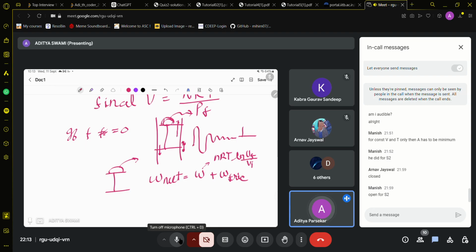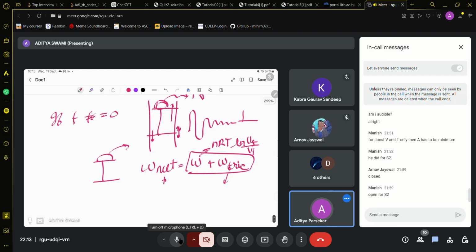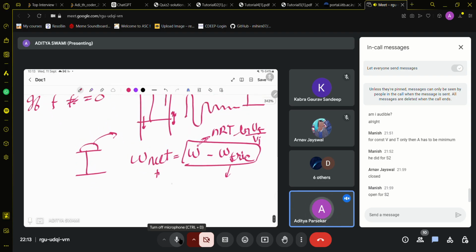So this is the total work done, and this is the work done by friction in damping the oscillation, and the summation of both these works will give us the net work done by the system. Oh sorry, this will be minus here, and so we can write this as nRT ln Vf by Vi minus work done by friction.